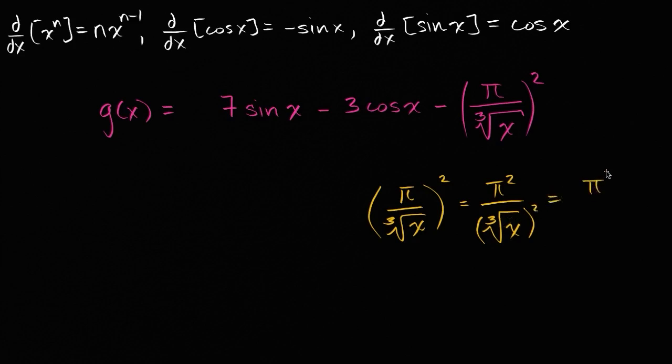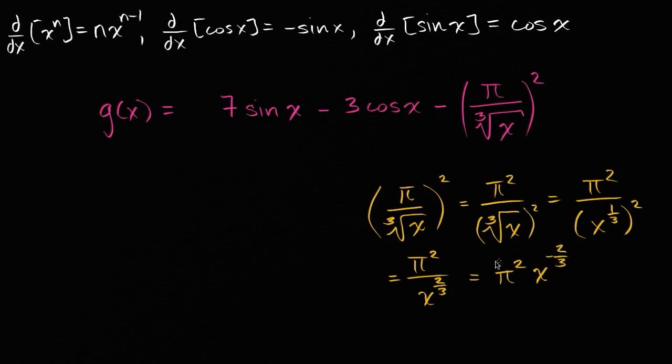So this is equal to pi squared over, let me write it this way. I'm not going to skip any steps because this is a good review of exponent properties. x to the 1/3 squared, which is the same thing as pi squared over x to the 2/3 power, which is the same thing as pi squared times x to the negative 2/3 power.